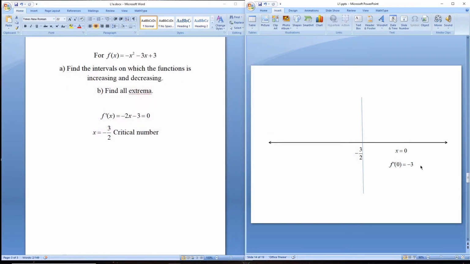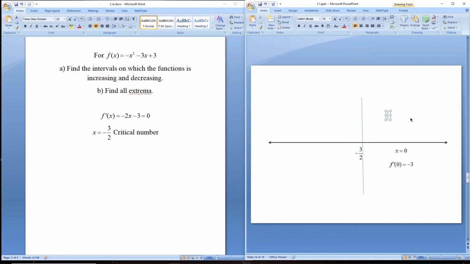This tells us it must be sloping down, because a negative derivative will mean sloping down. And so we can conclude that this entire region must be decreasing, because it's monotonic. The function is only going to change from increasing to decreasing if it goes through a critical point. So this whole region is decreasing, and we only need to choose one number to test that.